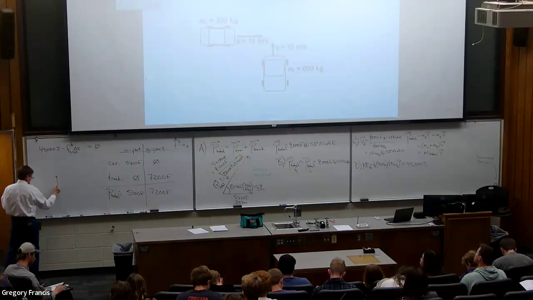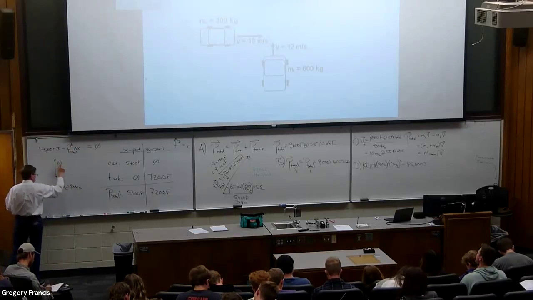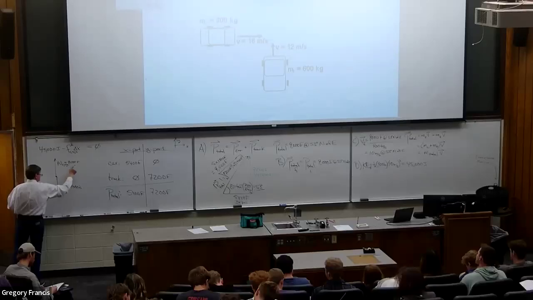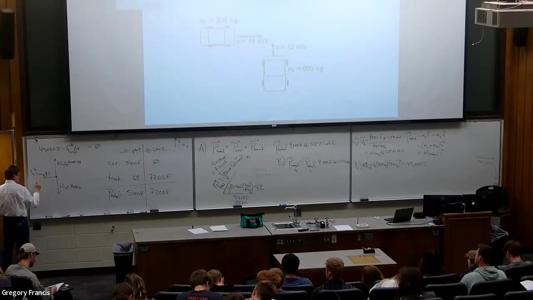Well, I have a weight force that's equal to 9,000 newtons. I have a normal force by the road on the system that's 9,000 newtons. And this friction force is going to be the coefficient times the normal force.